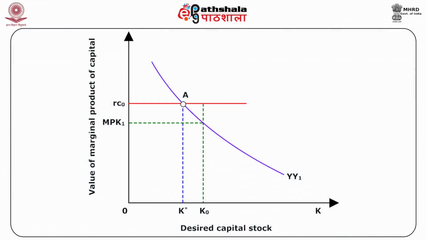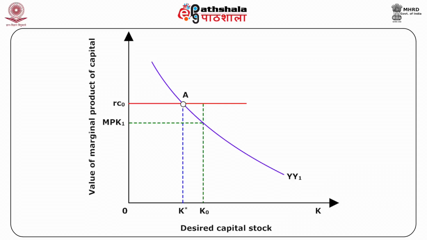The lower the rental cost, the larger the desired capital stock, and the greater the level of output, the larger the desired capital stock. As the firm combines progressively more capital with relatively less labor in the production of a given amount of output, the MPK declines.